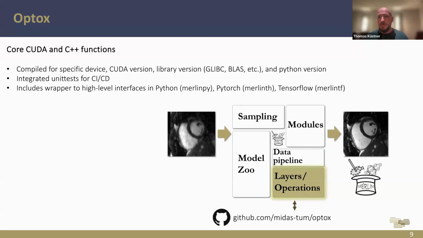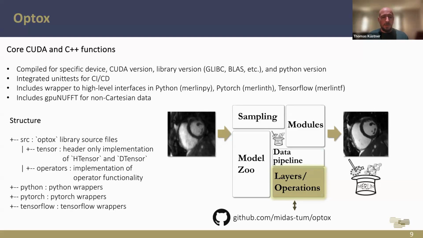It is completely oblivious to you. You're just calling your MERLIN TH, your MERLIN TF functions, and they will in the backend call the respective optox functions. And in optox, for example, just as one example, there is the GPU NUFFT that allows you to do some non-Cartesian reconstructions.